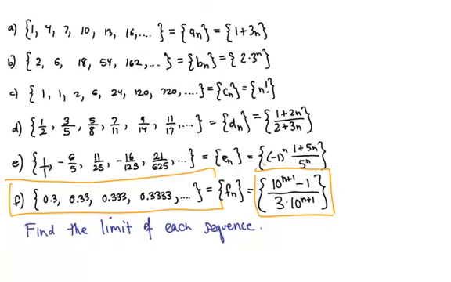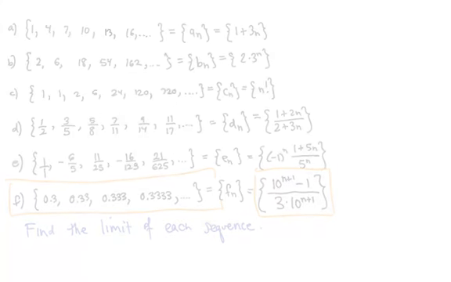Well, let's think about this for just a second. We've got the sequence (10^(n+1) - 1)/(3 times 10^(n+1)), and we want to take the limit of this sequence. Now remember that the other notation for the limit of a sequence is the limit as n goes to infinity of this formula right here.